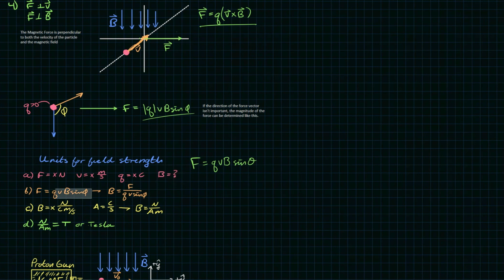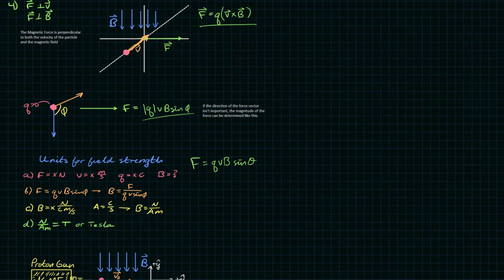If we use this equation, QVB sine theta, we're left with B equals F over QV sine theta, or sine phi, my bad. The sine phi is unitless. We're going to be left with F over QV, which is newtons per coulomb meter per second. Coulombs per second is the same as an amp.